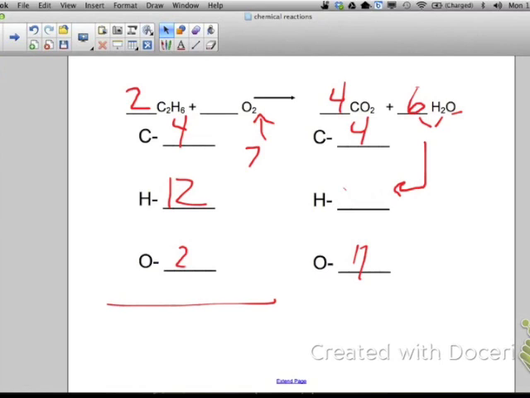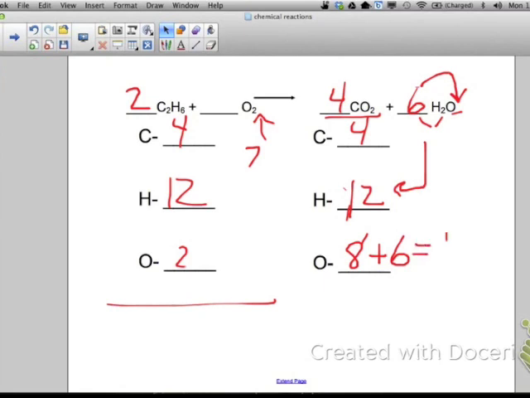And I have 6. I'm going to start off by erasing the O's, and now on the CO2 I have 8 oxygens, plus now I have 6 oxygen.